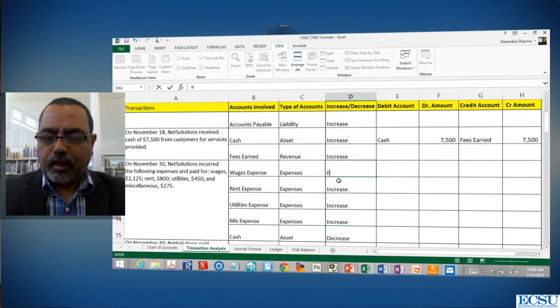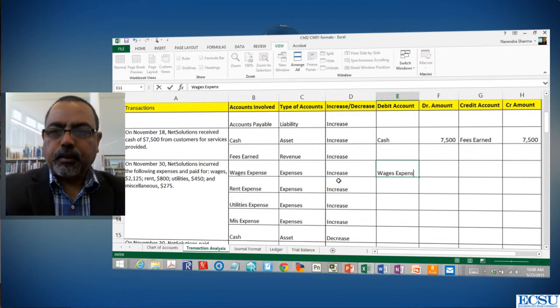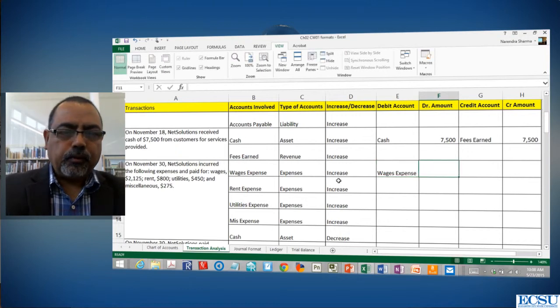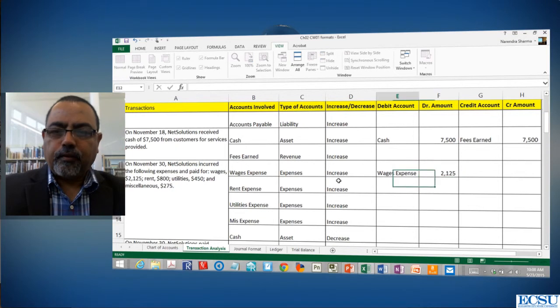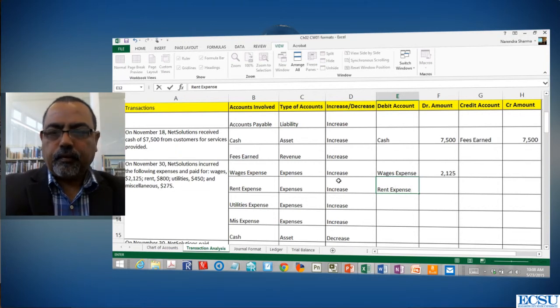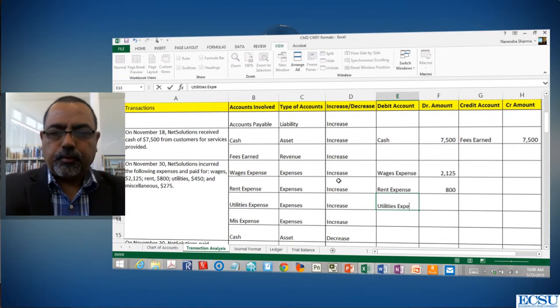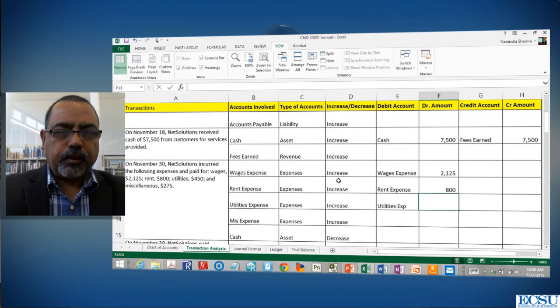So what I'll do is I will be debiting all the expenses. So I'll be debiting wages expense, amount will be 2125. I'll be debiting rent expense, that will be 800, and utilities expense, that would be 450.